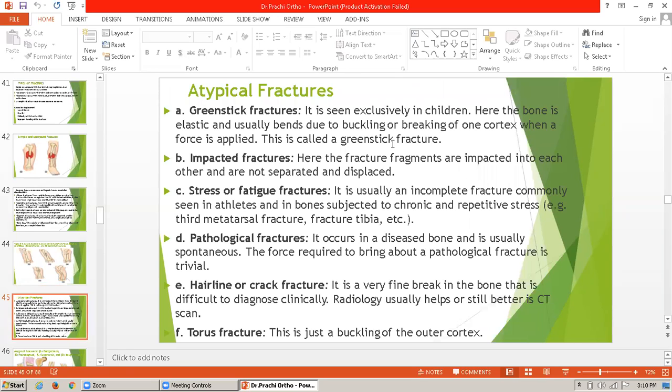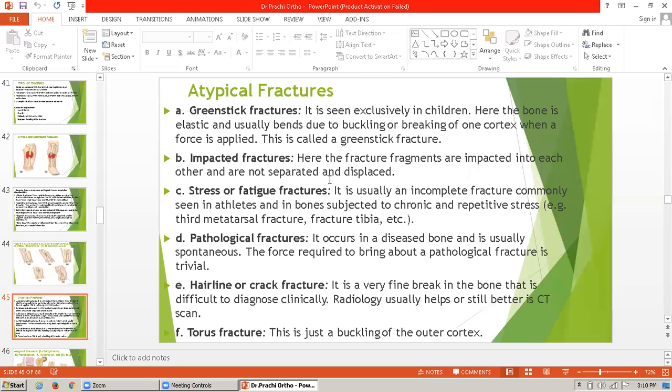Then the other types of fracture, that is atypical fractures. We learned about the greenstick fracture. It is exclusively seen in children, where the bone is elastic and usually bends, buckling or breaking in one cortex when a force is applied. This is called a greenstick fracture.